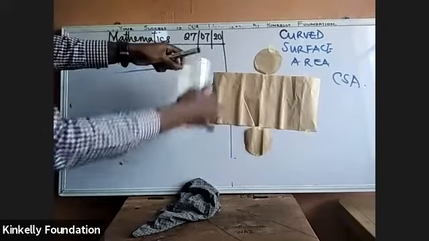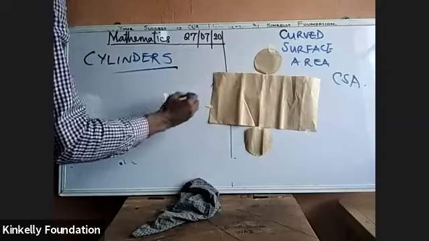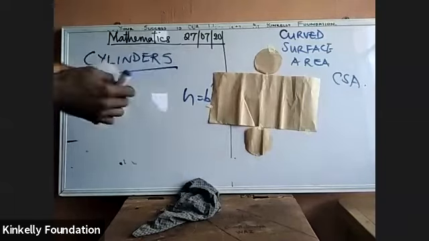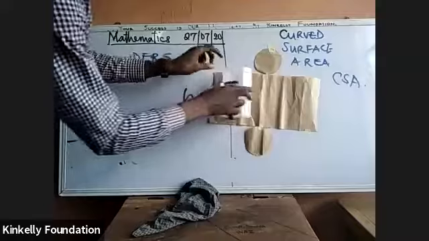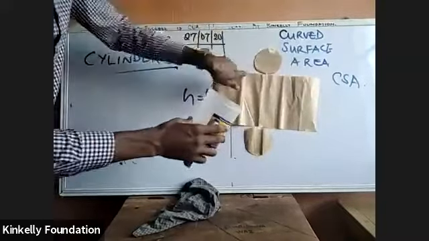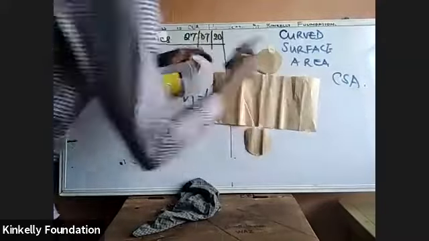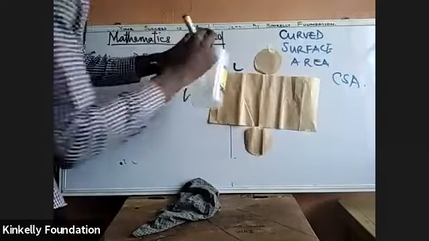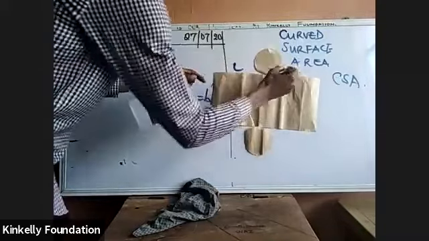Now, if you go to the top part, when you do this thing this way, you are forming a circle. This circular part you are forming is equal to the length of that rectangle. And the distance around a circle is what we call the circumference.